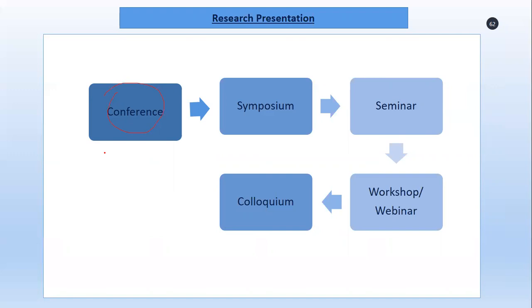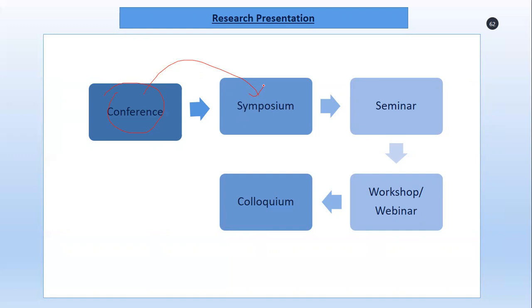Now going on after conference, to symposium. If you understand this concept minutely, symposium and conference are one and the same. What then is the exact difference between them? The only difference seen between both of them is that a conference is conducted on a large scale for a larger duration, whereas a symposium is conducted on a smaller scale for a short duration.